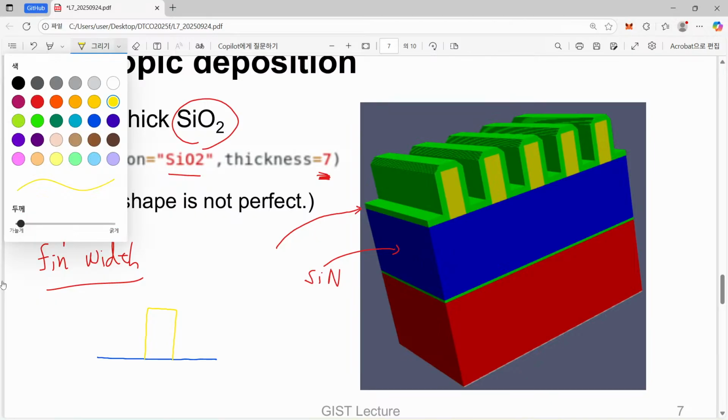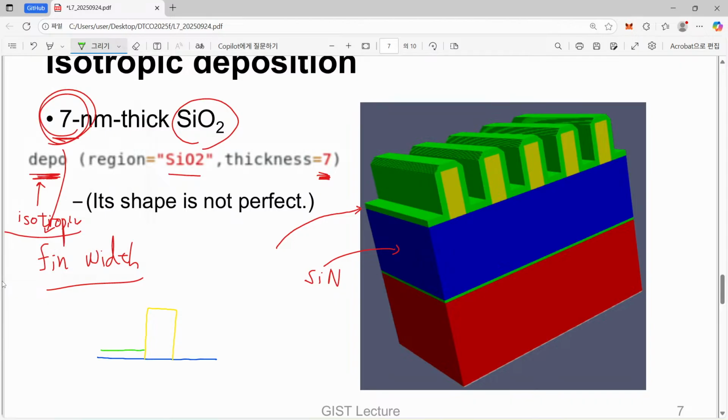If we do a really anisotropic deposition, then our final deposition will just look like this one. You can easily understand that if we deposit something on top of the surface, then this sidewall is 100% perpendicular to the direction of deposition, and we don't have any deposited material.